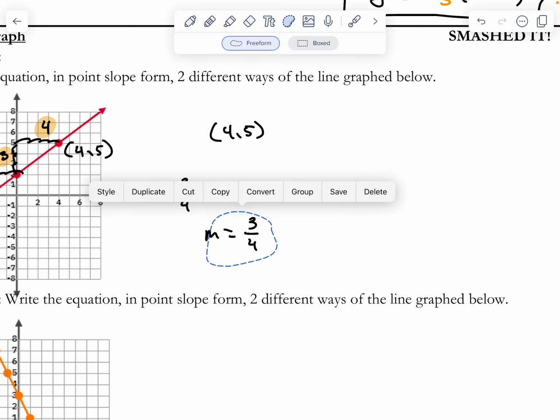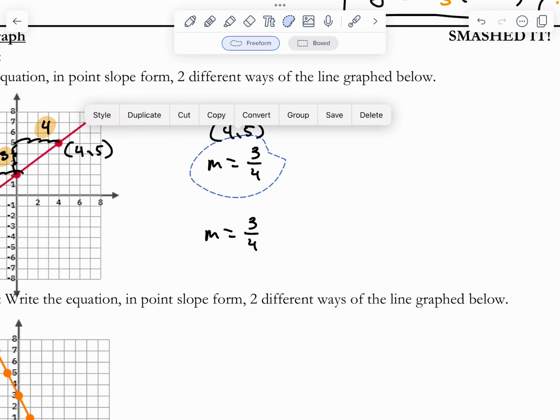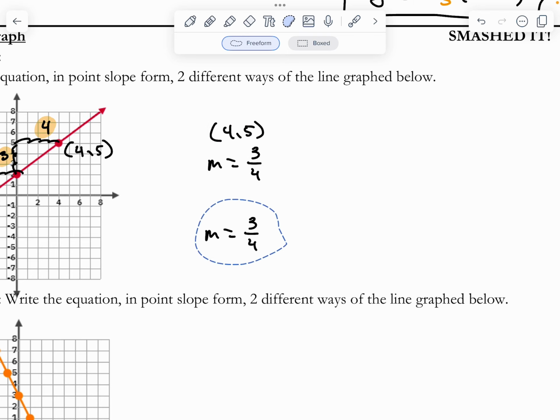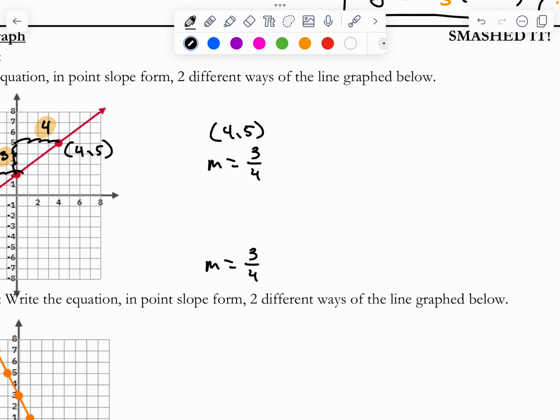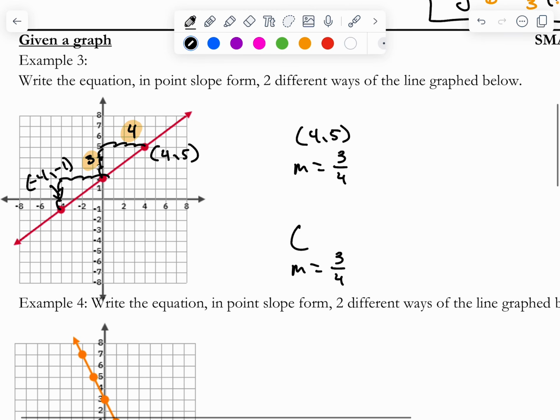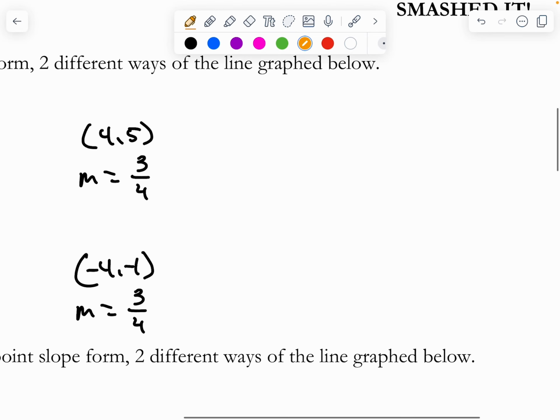Okay, perfect. All right. These are the 2 things we're going to go ahead and use. We're using 4 comma 5 with 3 over 4. And then we're going to go ahead and use, what was it, negative 4, negative 1, right? Yep, negative 4, negative 1 with 3 over 4. Awesome. All right, let's start writing our equations.